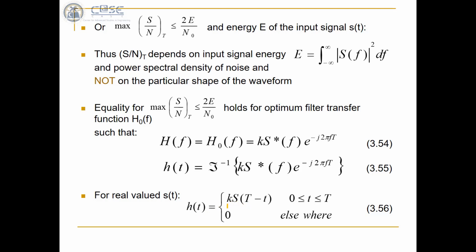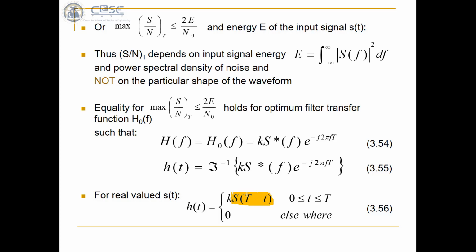Assume small k is a constant, which for the sake of simplicity is assumed to be 1. So you only have the flipped and shifted version of the signal copy itself as the impulse response of the matched filter.